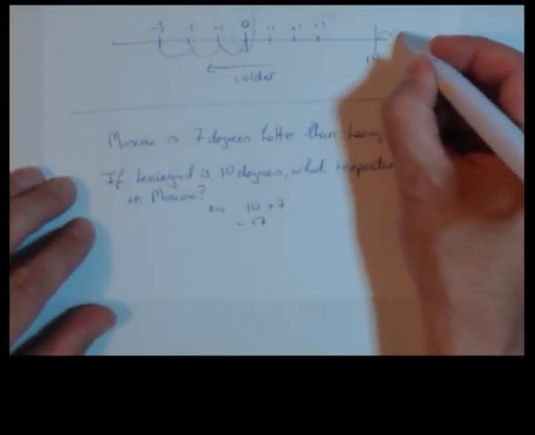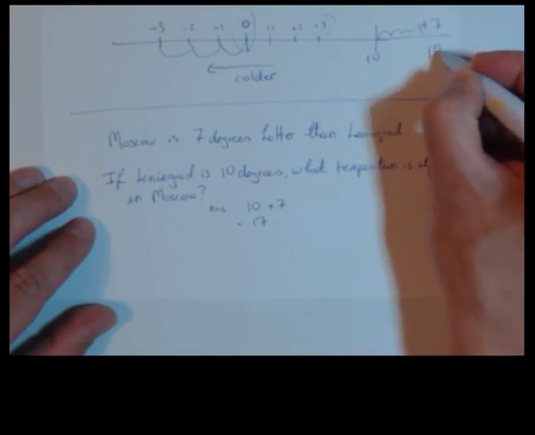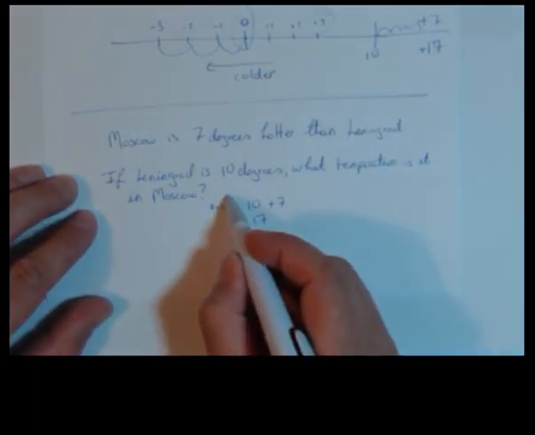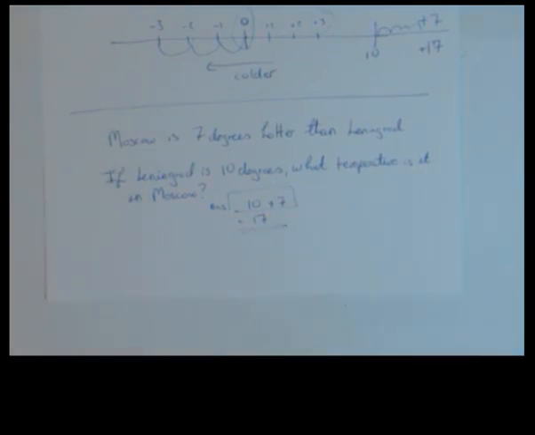We go another 7 degrees up for a total of 17 degrees Celsius. So we have to start at 10, we go up 7, and we end up at 17. And that looks just exactly like the way you would normally add, the same way you'd add apples, 10 and 7 apples.